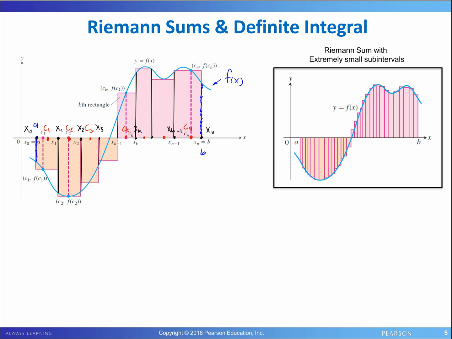Now that we have all these middle points, we can find the function values at these points. So the first one, C1, let's find the function value. Should be around here. So right here, it's going to be function at C1, the first middle point. At C2, the function value should be around here. Okay, let's make a note right here. Function at C2. Same thing with C3. Function value around here.